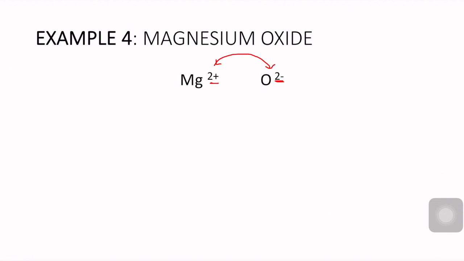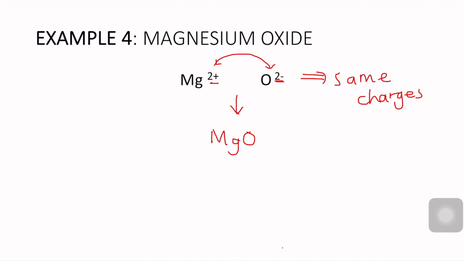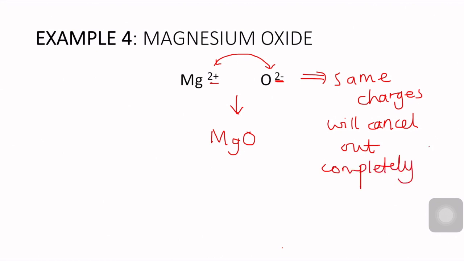So this will become MgO. Same charges will cancel out completely. Right?